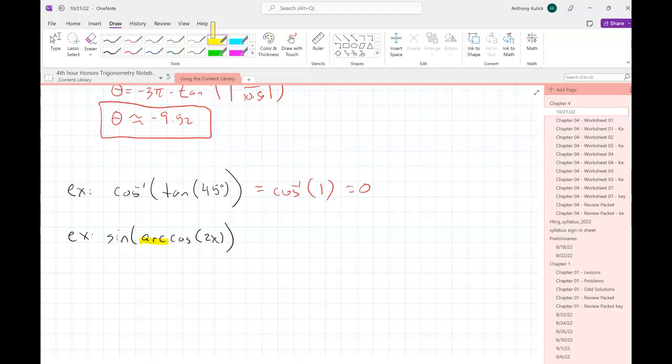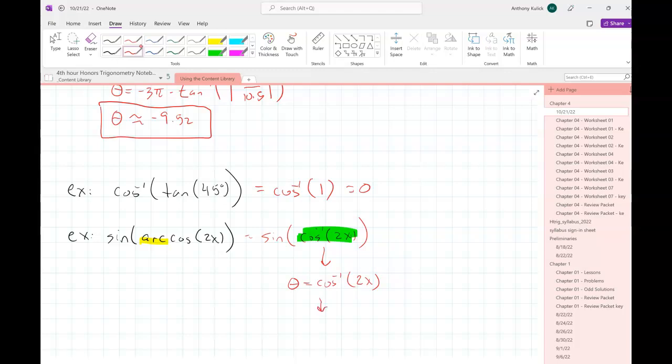So would that refer to cosine inverse? Yes, so this would be like sine of cosine inverse of 2x. On a problem like this, we work from the inside. I need to figure out the angle where cosine inverse is 2x.